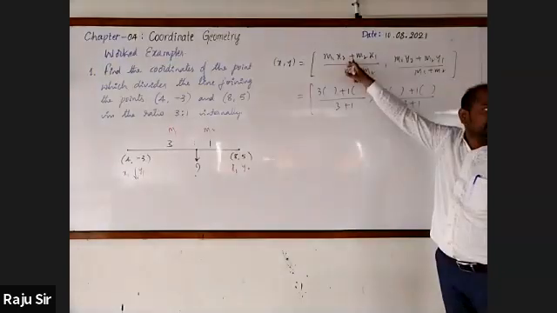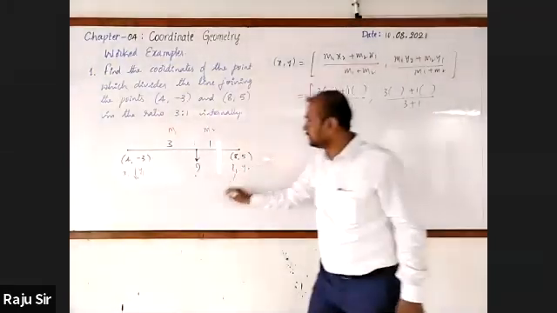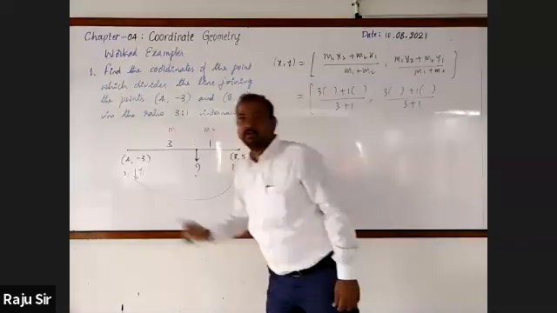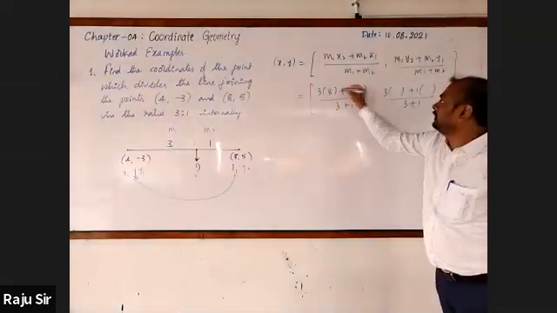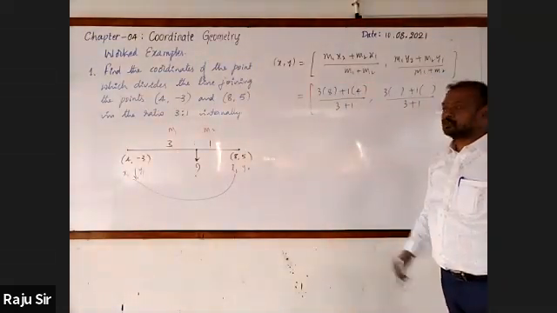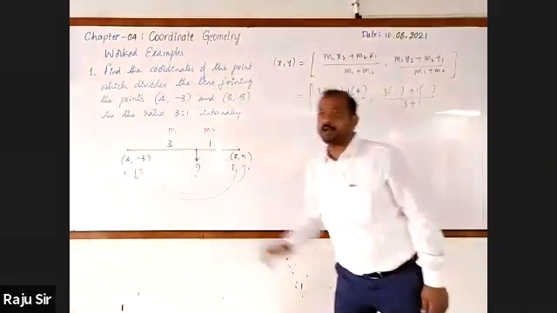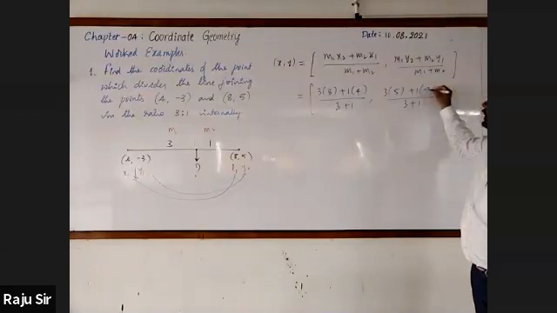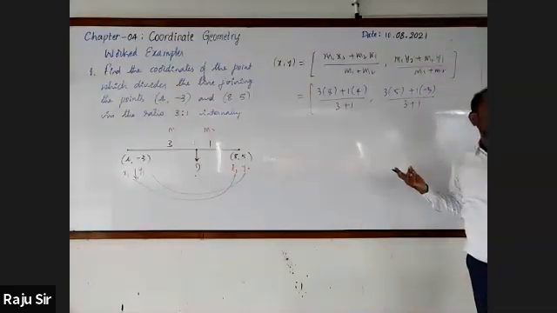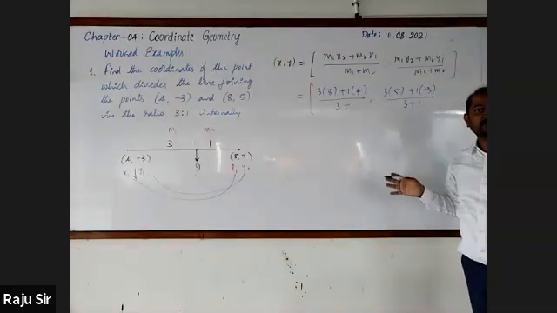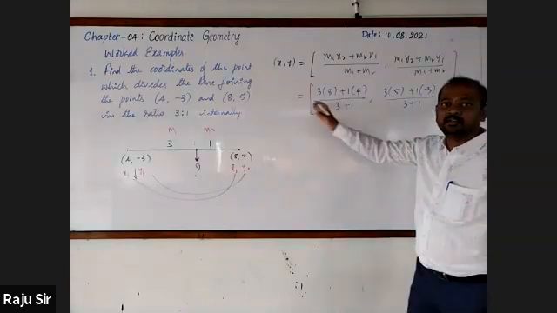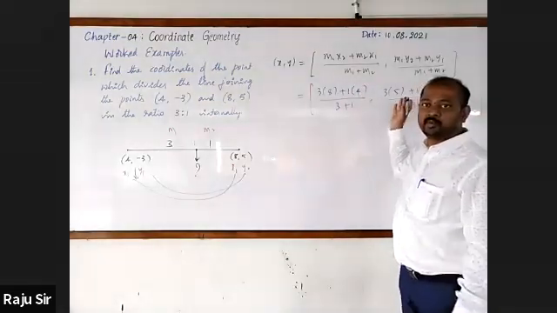Next x2 x1, 8 and 4. Then y2 y1, 5 and minus 3. Is it not simple? Yes sir. First m1 m2, then x2 x1, then y2 y1.